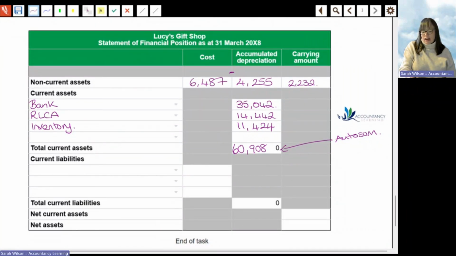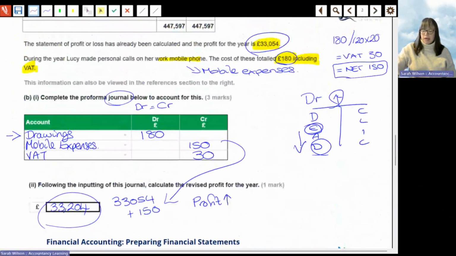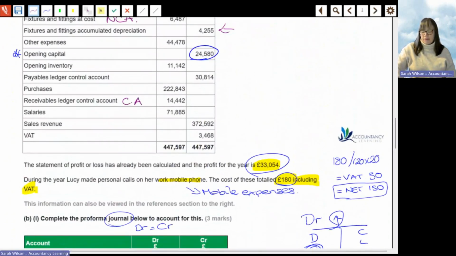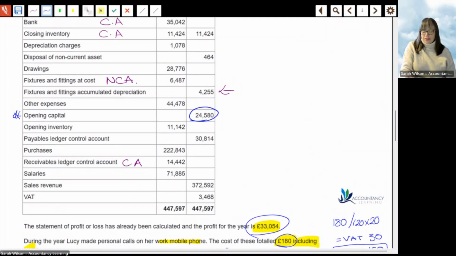Now we need to have a look at current liabilities. So what are we going to have as current liabilities? So payables ledger control account will be a current liability, and VAT will also be a current liability.